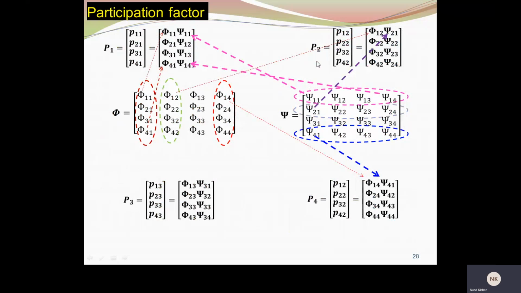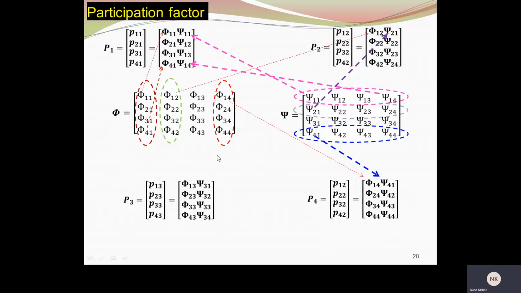Similarly, when you have to obtain P2, you take this second column, and then you get it from the second row, and that gives you this part here.